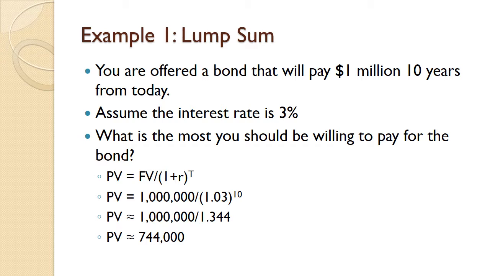So our present value calculation is given by 1 million divided by 1.03 to the 10th power. Calculating the denominator, this simplifies to approximately 1 million divided by 1.344, which is approximately equal to $744,000.